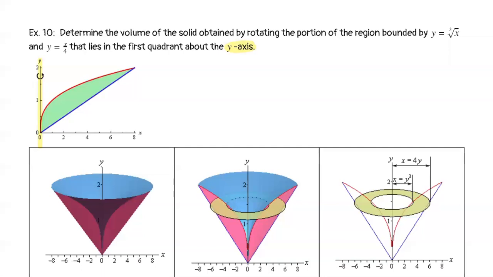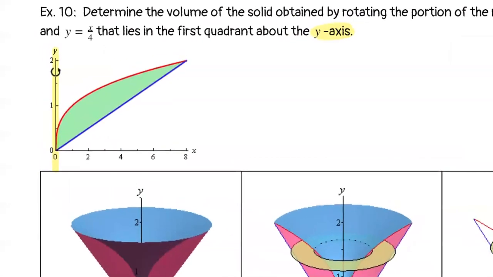Vertical or horizontal? Yeah, if we have the axis of revolution that's going up and down, our radii should be going side to side.